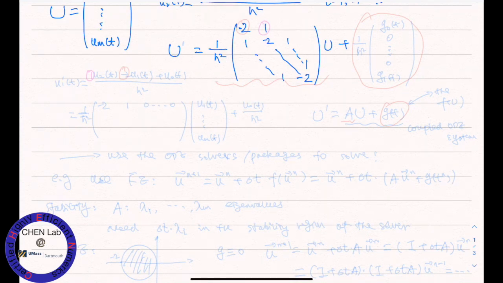Let me write a little more detail. This U is a vector function. U_1'(t) equals U_2(t) minus 2U_1(t) plus U_0(t), divided by h squared. So this negative 2 is the negative 2, and this 1 here is this 1, because that negative 2 will hit the U_1.